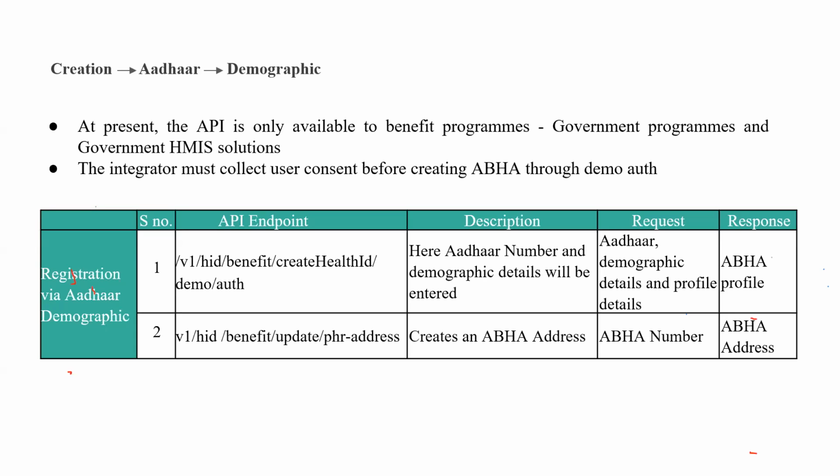So can we use an address of our choice, or it will be created on its own? In this API, the address would be created on its own. So do we have an API for creating an address of choice, or are we not allowed to do so? We have an API to create one of our choice.